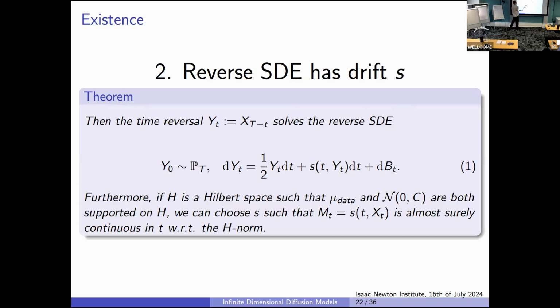So we can actually write the reverse SDE with this as a drift. And the conditional expectation is defined almost surely, but you can here choose a version which will be almost surely continuous in t. So it will be actually a continuous drift along the path.